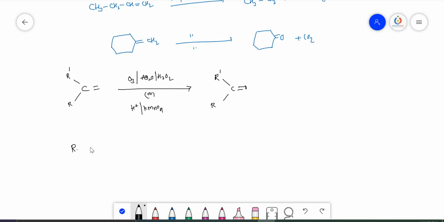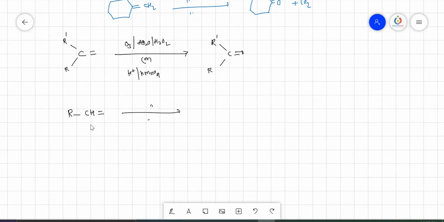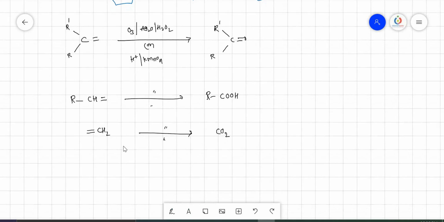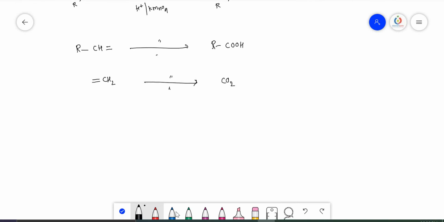And if any alkene has a hydrogen on the carbon, then oxidative ozonolysis as well as H plus KMnO4 convert that alkene part to the carboxylic acid. And if any terminal CH2 is there, both of these reagents will convert this terminal CH2 to carbon dioxide. Okay. So only a final example I will take, and then we shall start another question.